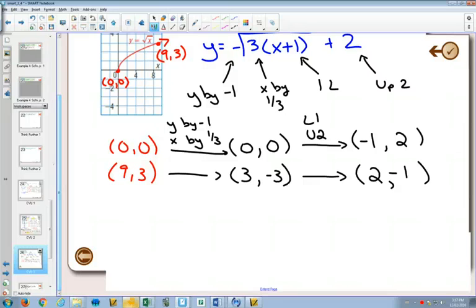So now looking at our final graph, we have the point negative 1, 2. And 2, negative 1.